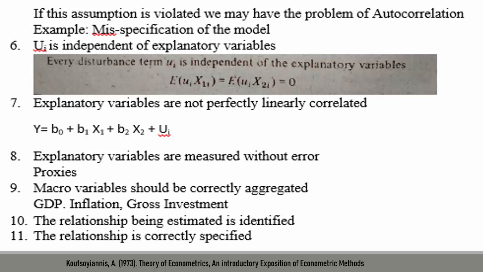Similarly, assumption number 9 is that macro variables should be correctly aggregated. You know that often the macro variables are the summation of the micro variables, or there are different methods of the calculation of the macro variables. For example, if you take the GDP, we know that GDP is measured by different methods known as the product method, expenditure method, the value added method, and the income method.